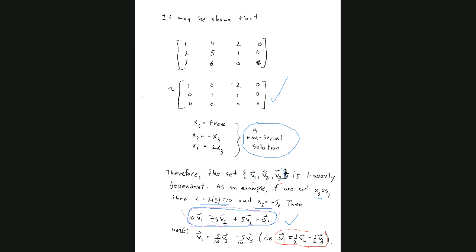But saying that one of the vectors can be written as a linear combination of the other vectors, v1 equals a half v2 minus a half v3, makes me think, okay, these vectors are linearly dependent because one of the vectors is connected to the other two. There's a dependence relationship.